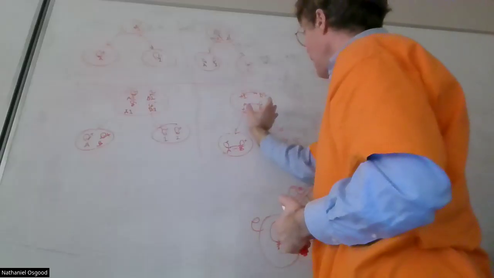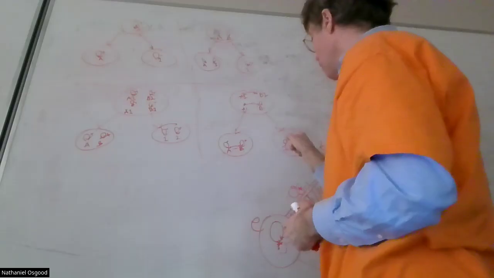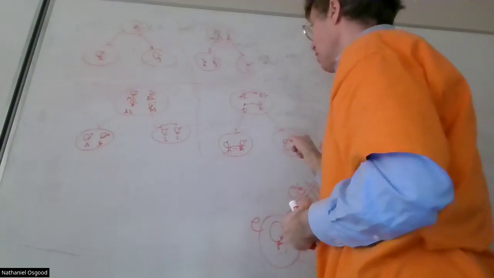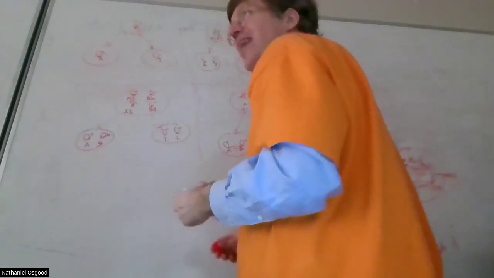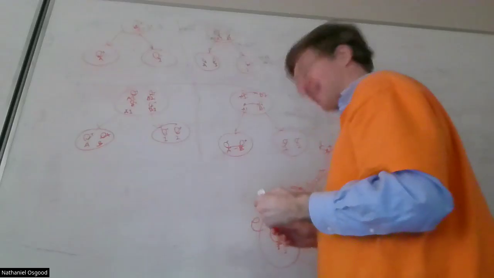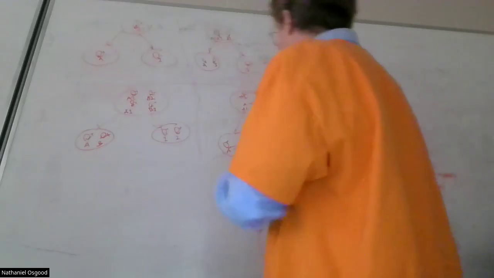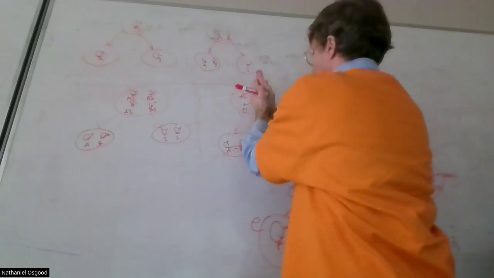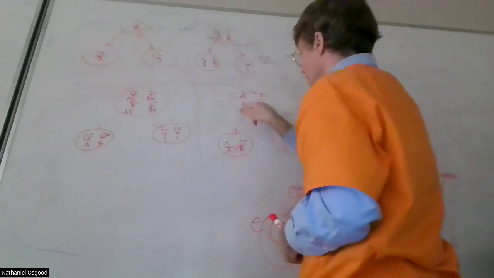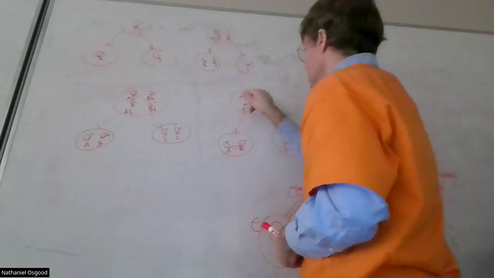So A1 and B1. We need something else though. What do I need for every object? I'd like to be able to squash this down like that, so that the ones go to this and the twos go to that.